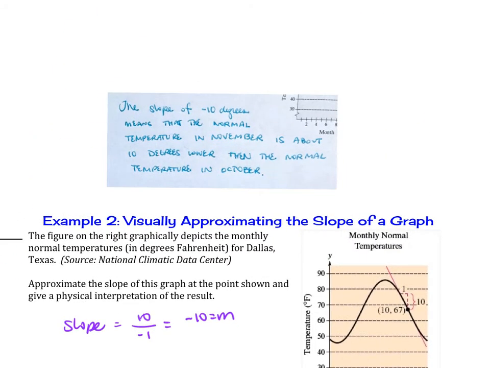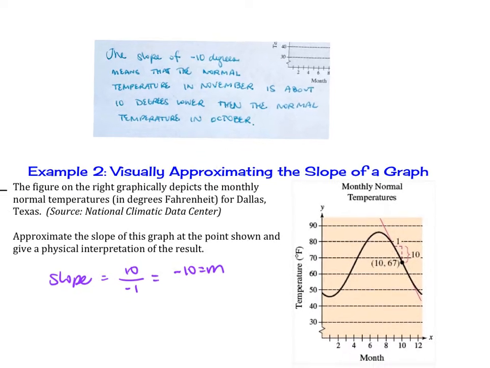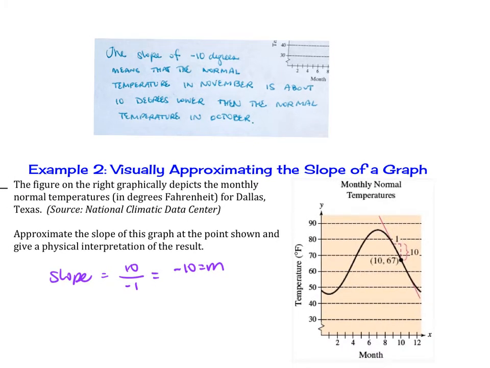Well, just to give it to you right here, the slope of negative 10 degrees means that the normal temperature in November, so this is November if you look at the graph, is about 10 degrees lower than the normal temperature in October, right? So here is October, this is November, so it's 10 degrees lower.